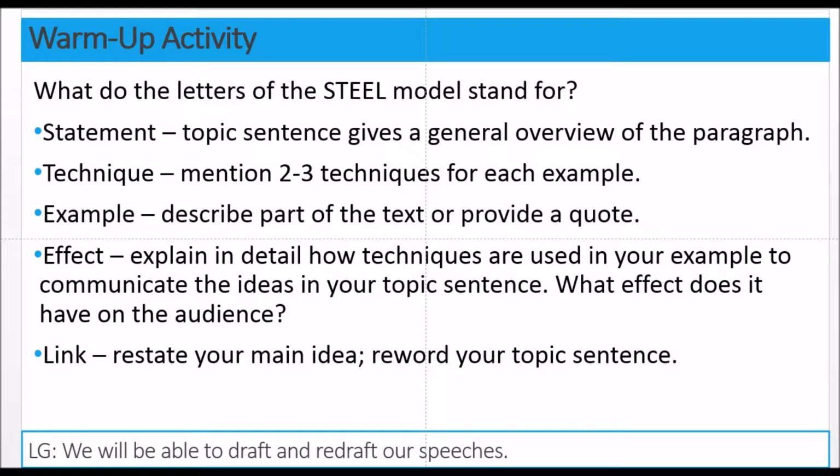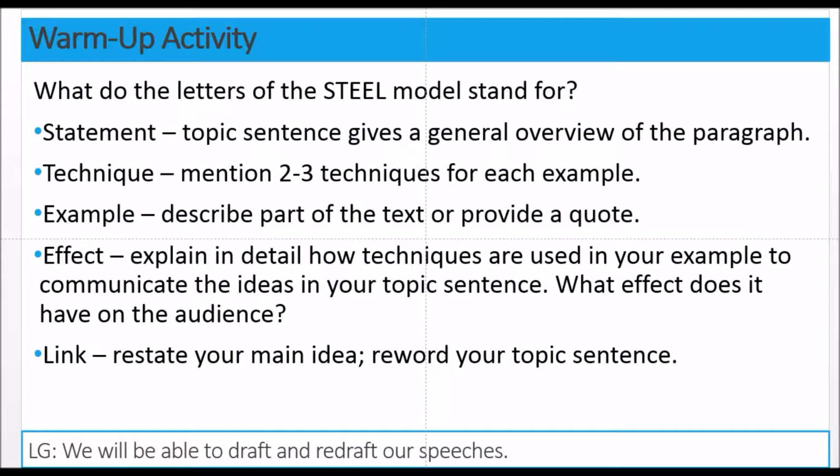And while that is impressive that you know all of those techniques, you really can't discuss 6 different techniques in a lot of depth or detail. So it's better if you actually limit yourself to maybe 2, 3 techniques at the most in every example that you're talking about, because then you can talk about those techniques and how they are used to communicate your theme or your main idea in a lot more detail.